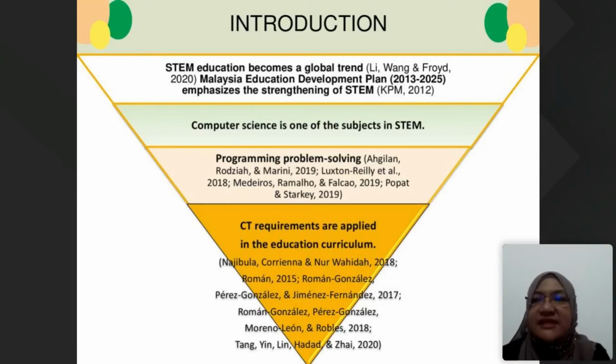Programming problem solving is a cognitive process in computer science, starting with reading the question, understanding the problem, planning to solve it, and writing the program. According to Roman Gonzalez 2018, computational thinking, CT, can enhance problem-solving skill. That's why CT needs to be applied in the education curriculum nowadays.